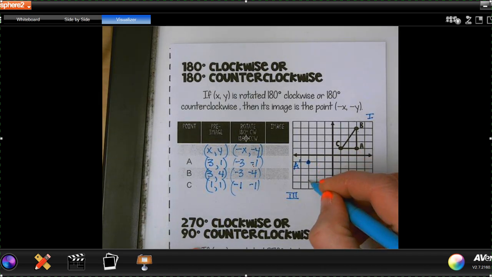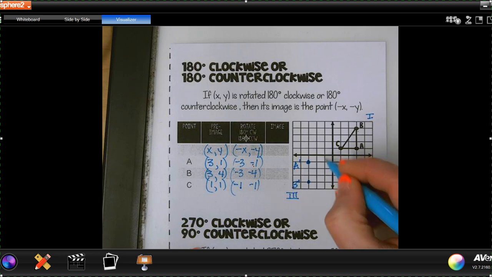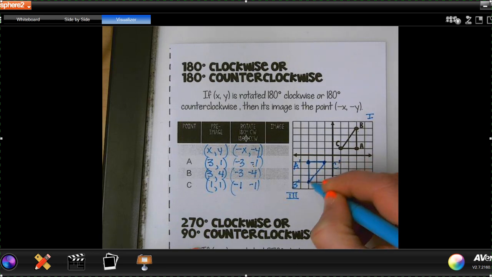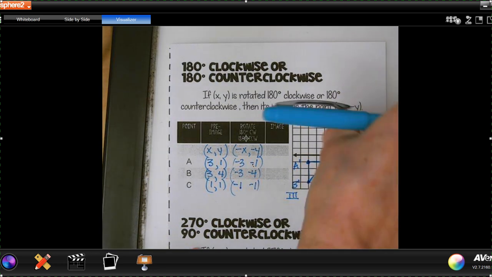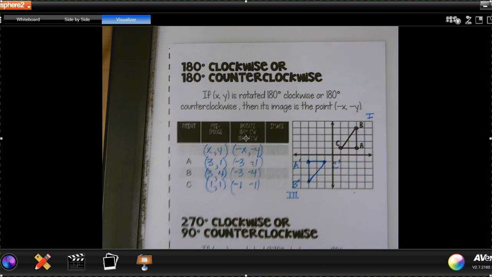Negative 3, negative 4, B prime. Negative 1, negative 1, C prime. And I will just connect those. Okay, so this is a rotation. So maybe we can get some visuals to kind of help you see how things rotate too. All right, let's get through the last one.